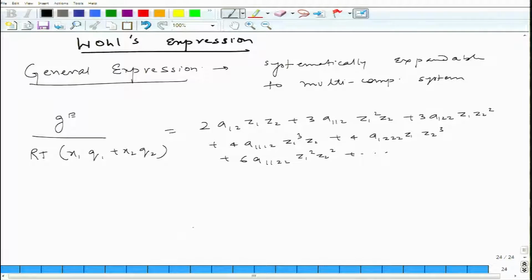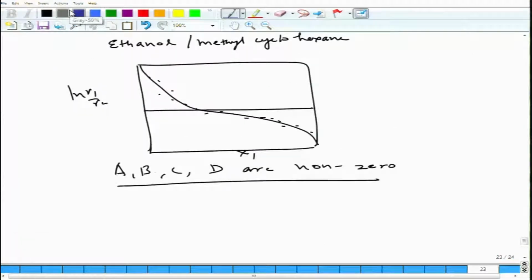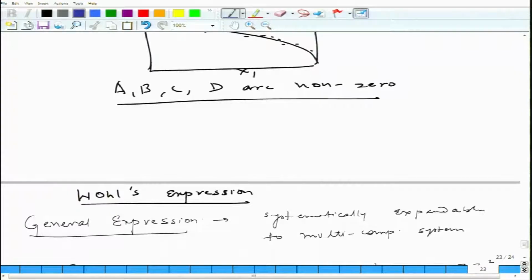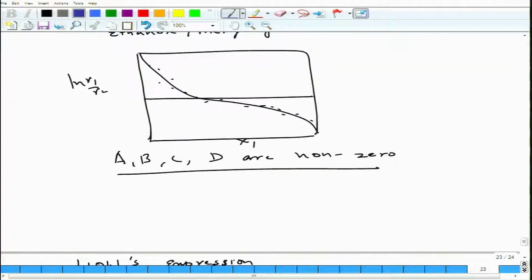So what Wolf did is basically it tried to explain or give a physical significance to the model parameters. Remember this earlier? We talked about A, B, C, D. It's a function of temperature, more or less. But effectively it doesn't capture the typical sizes of the molecule, and we know that the number of parameters which we require depends on the dissimilarity of the sizes, shapes, and other chemistry.